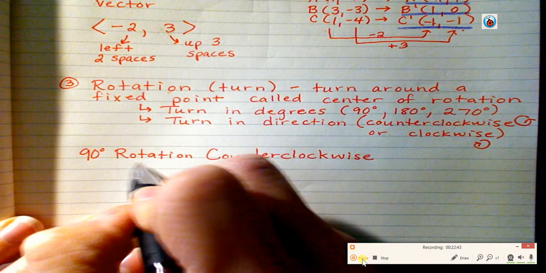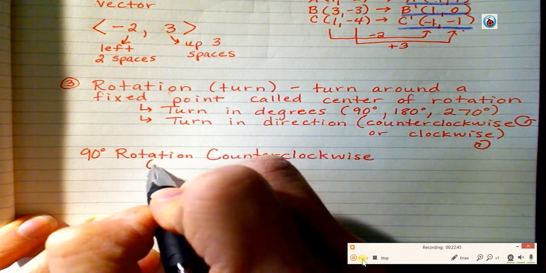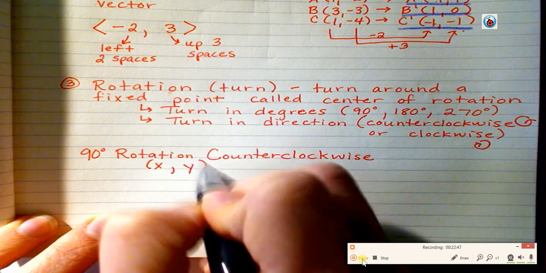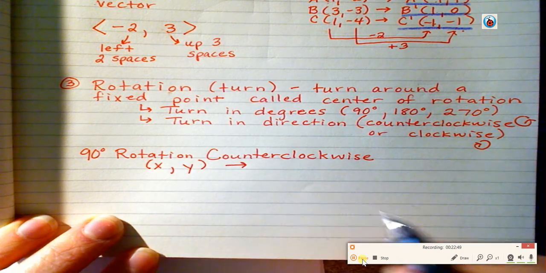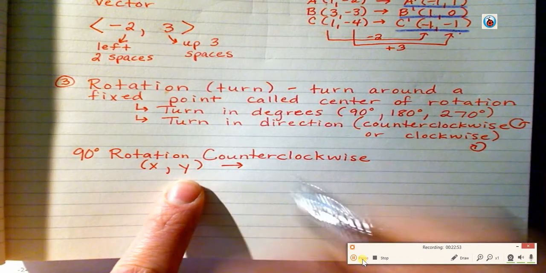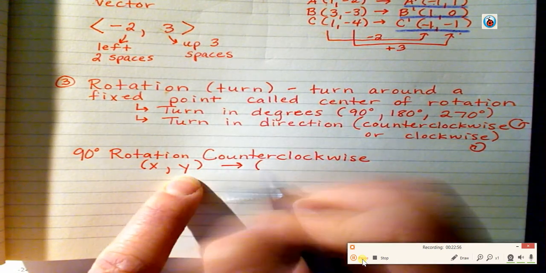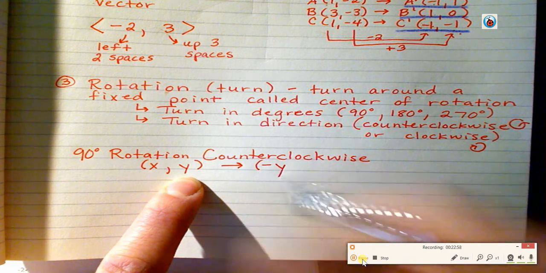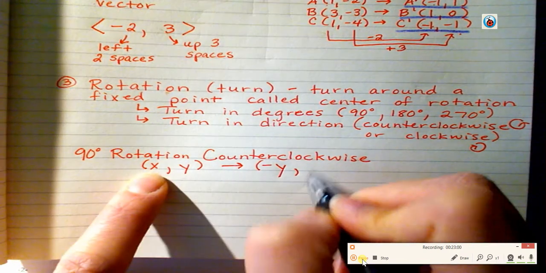You'll take your old point, X, Y, and you're going to change that point by writing the opposite sign of your Y value first and your X value second.